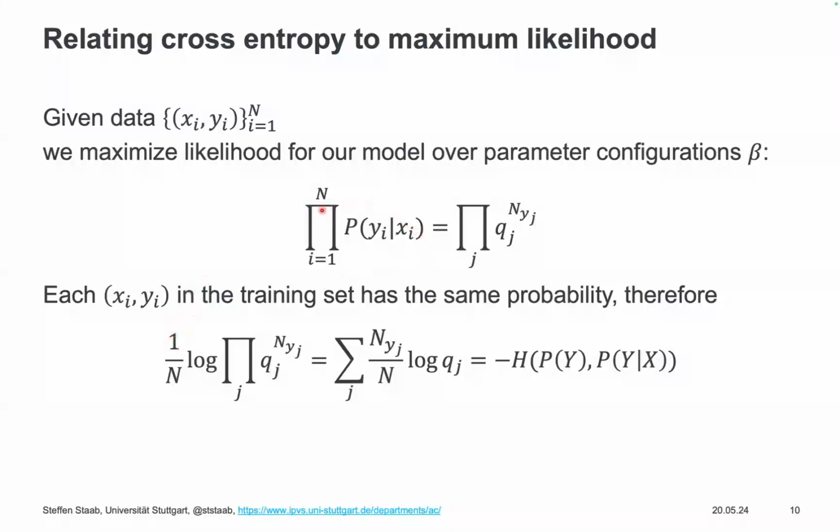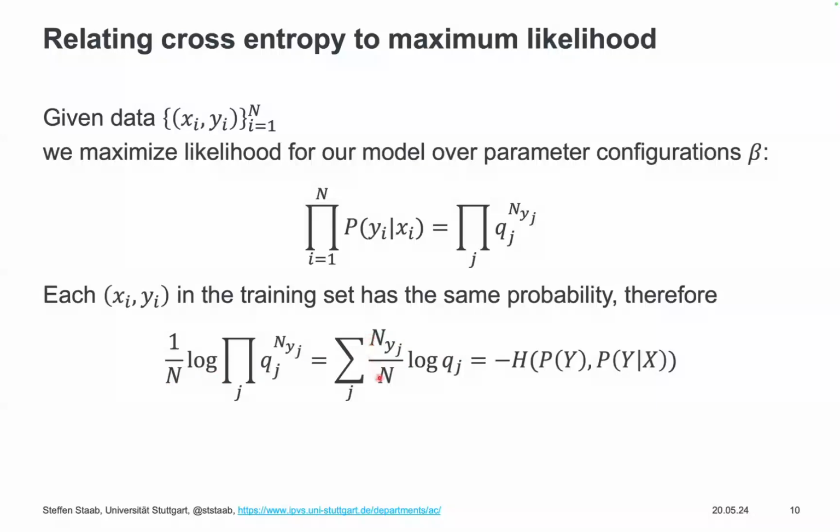And instead of optimizing this likelihood, I can optimize the log likelihood. I can also divide it by n. This is just a constant factor. And when I take the logarithm of this likelihood, that's the same as the sum over the logarithm of Qj. Now, these numbers of how often a class appears, this can be brought in front of the logarithm, because otherwise it would be up here.